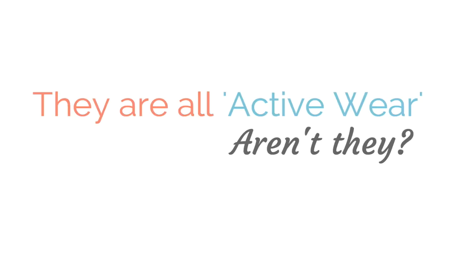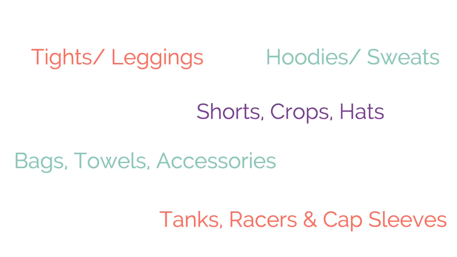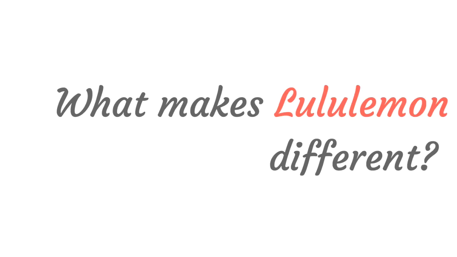So they're all activewear, aren't they? They sell tights and leggings, hoodies and sweats, shorts and crops, hats, bags, towels, accessories, tanks, everything. They all sell the same sort of attire and accessories, don't they? They're activewear. But what makes Lululemon different?